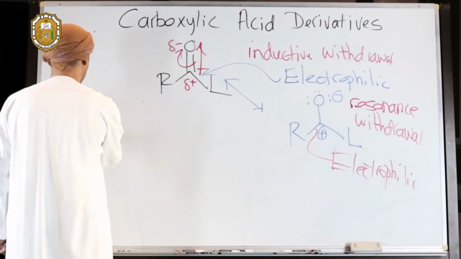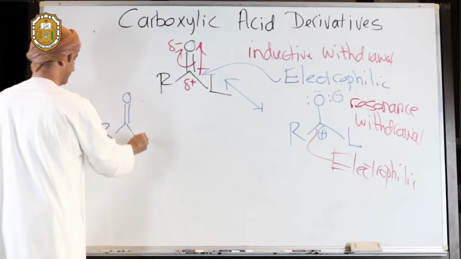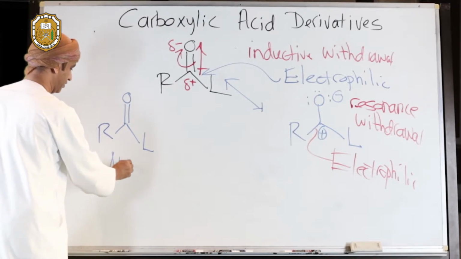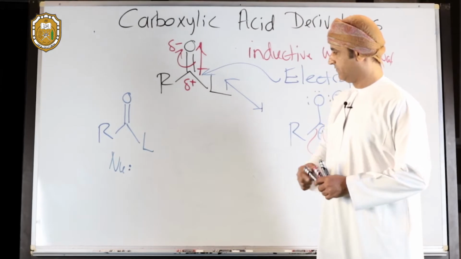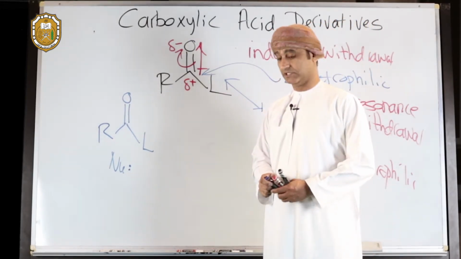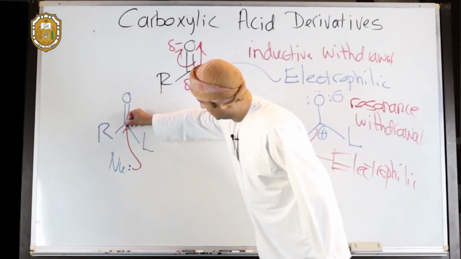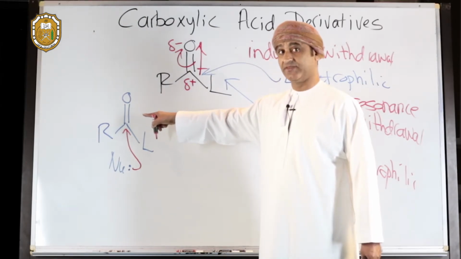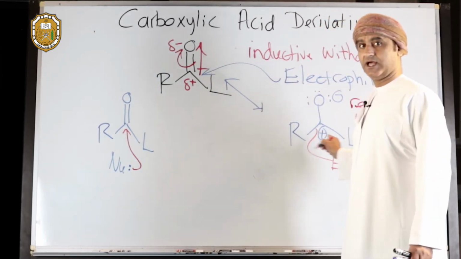Let's draw the structure of carboxylic acid derivatives. Again, when a nucleophile approaches a carboxylic acid derivative, it attacks that carbon with simultaneous breakage of the carbon-oxygen double bond. So we can show this with curly arrows. So the nucleophile attacks that electrophilic carbon. Again, that carbon is electrophilic due to inductive effect and resonance.